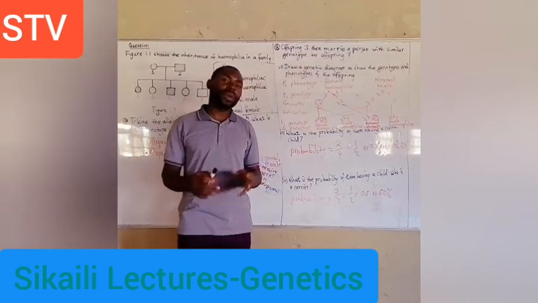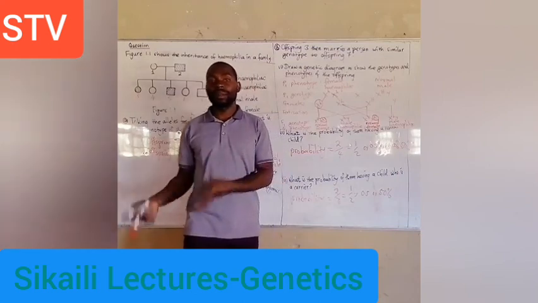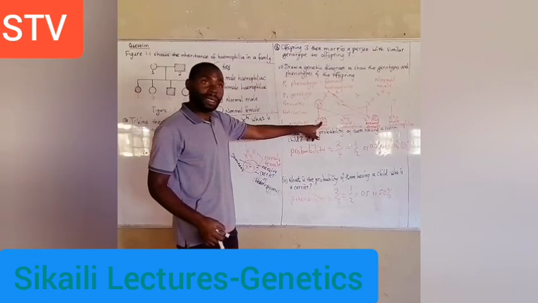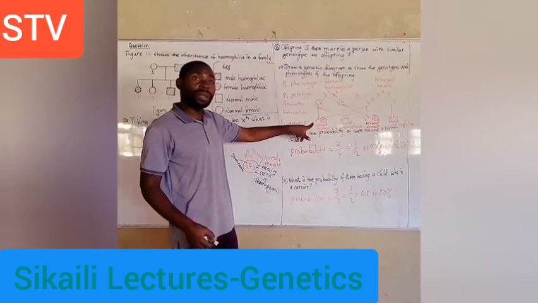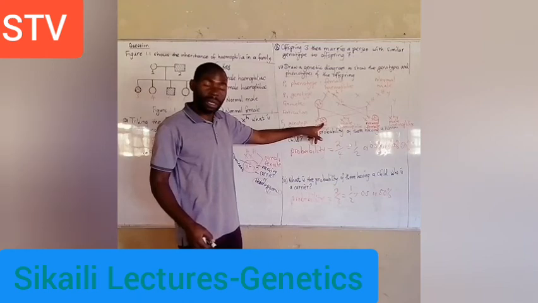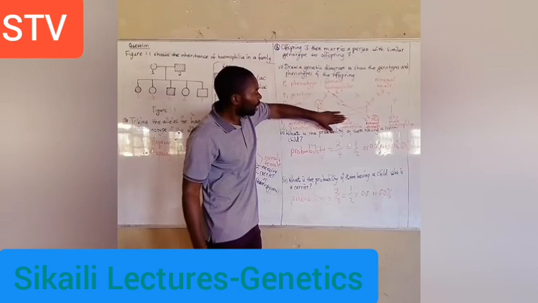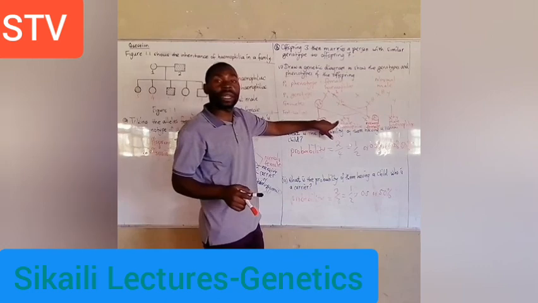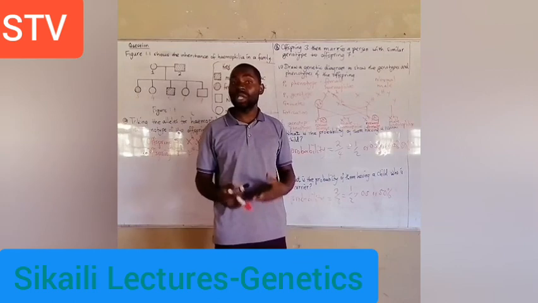No wonder males are more vulnerable to hemophilia than females, because when one X chromosome is attacked, females still survive on the other X chromosome, which is capable of carrying out the functions that the affected X chromosome is carrying. But males, once attacked, only the Y chromosome will remain, and it cannot perform the functions of the X chromosome. No wonder males are more vulnerable to sex-linked diseases than females.